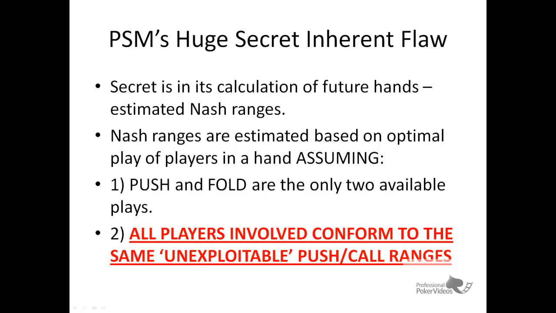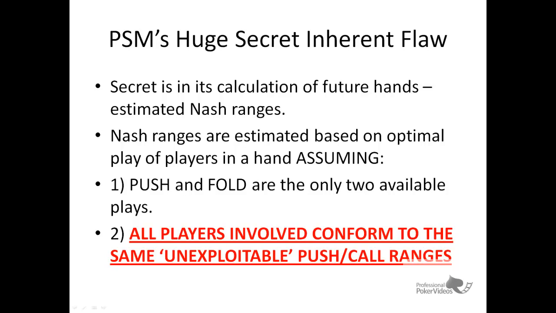And that's a model which assumes that the only two available plays are to push or to fold, and it doesn't take account of any spots where an opponent could have a min-raising range or a limping range, which would really change the range that they're open shoving and open folding. So using that assumption for all future hands, for all players, is going to be a real approximation and very inaccurate in a lot of spots.